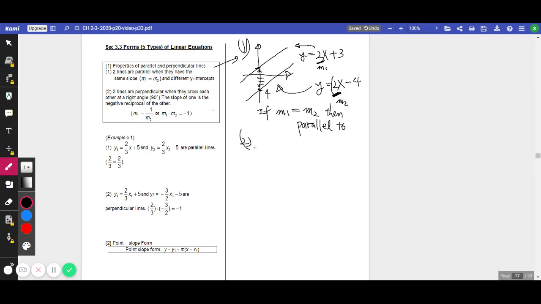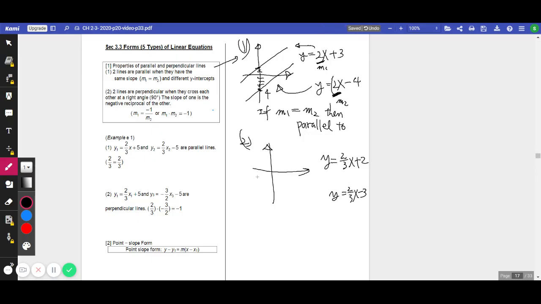Now number two, let's say you have one equation with y equals, let's say, 2/3 x plus 2, and the other one is 2/3 x minus 3.